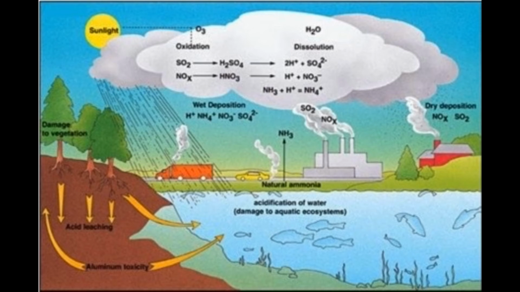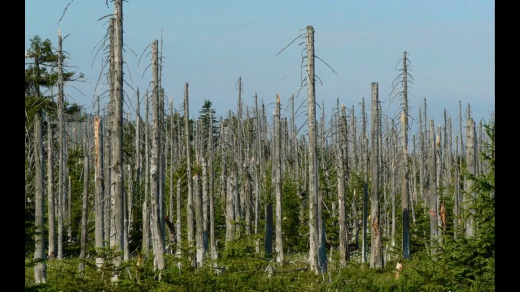First, it leaches the calcium out of the needles of conifer trees like spruce. It also causes increased leaching of soil nutrients that trees require, including calcium, magnesium, and potassium. And acid deposition causes aluminum to dissolve in the water. Although aluminum naturally occurs in the soil, it is typically not in a form that is available to plants. And dissolved aluminum can negatively affect a plant's ability to take up nutrients.